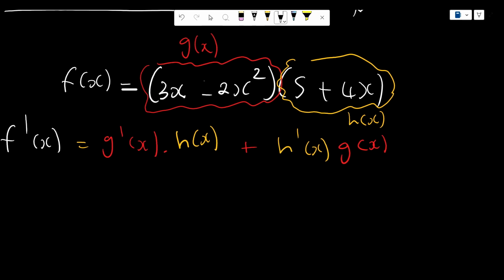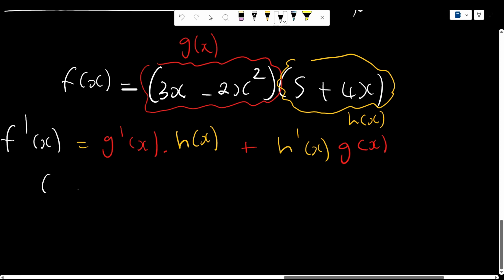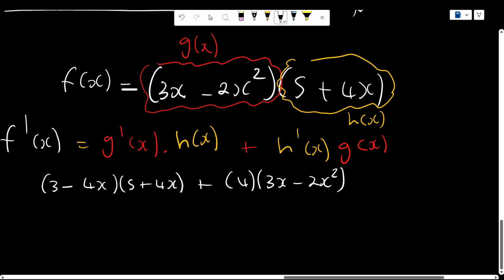So if we calculate the derivative of that, it is 3 minus 4x, using the power rule here, times this function which is 5 plus 4x, and then plus the derivative of that, which is 4, times this function which is 3x minus 2x squared.